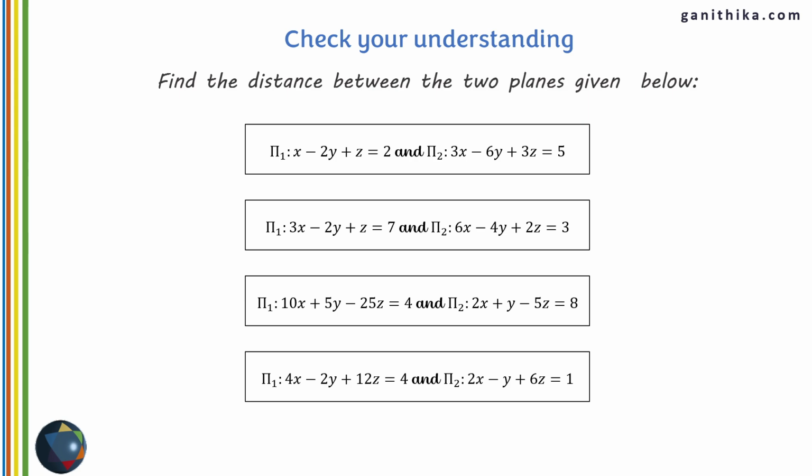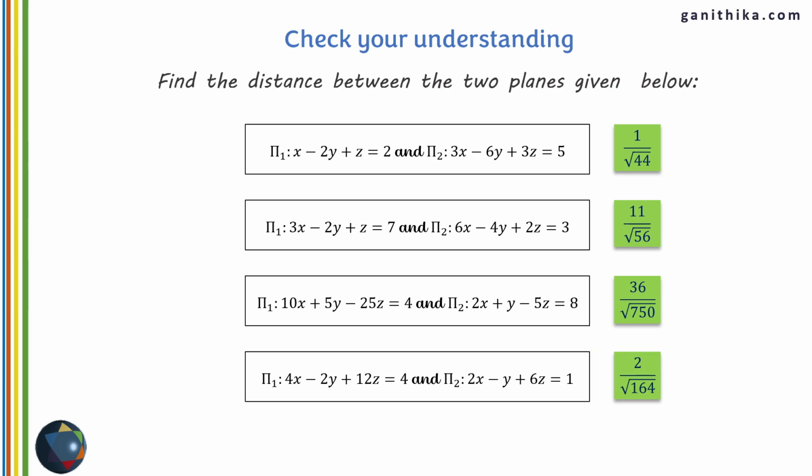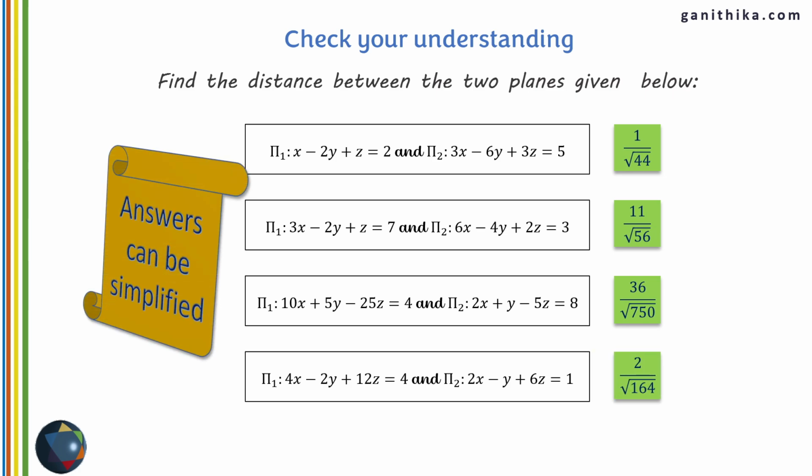You can also give your answers there. Here are the unsimplified answers: 1 over square root of 44, 11 over square root of 56, 36 over square root of 750, and 2 over square root of 164. None of these are simplified, so it's your job to simplify them further and check against your answers.